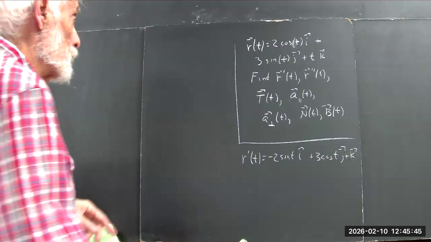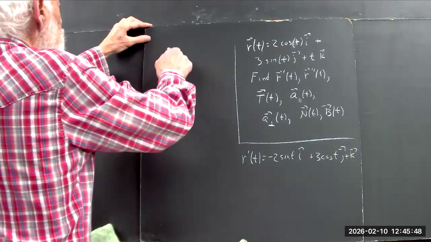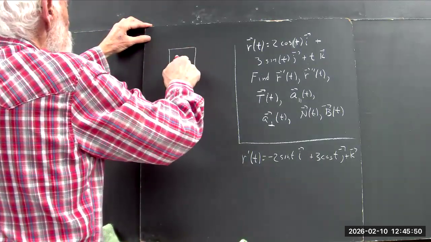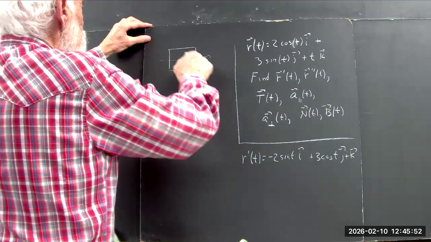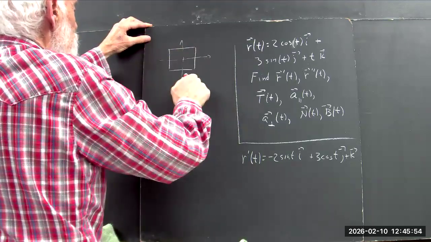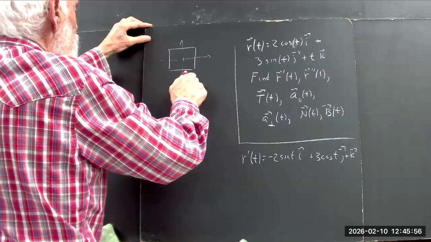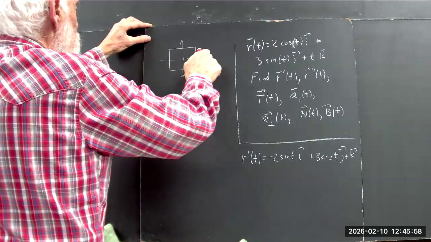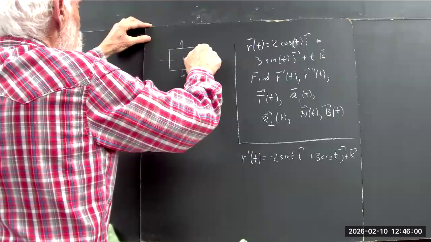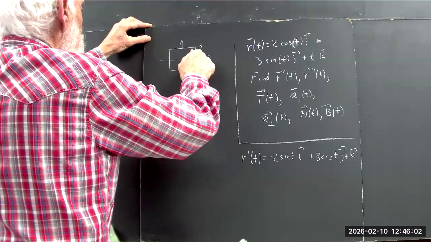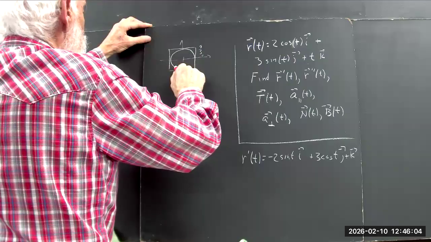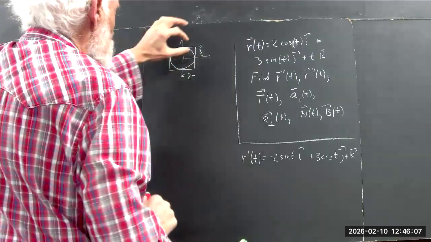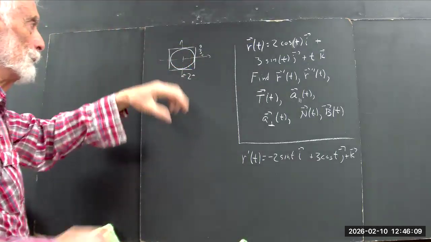And you can sketch that ellipse if you go back to what I suggested you do. You got 2 units here and 3 units here. Now, this is a really bad ellipse because my 3 is about the same size as my 2.